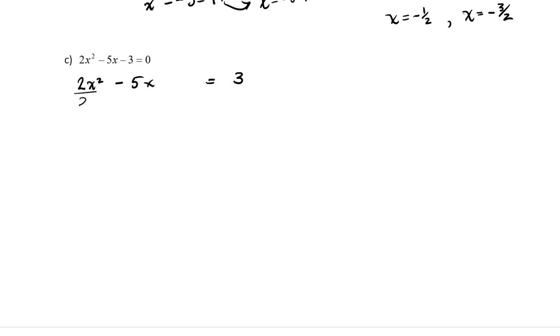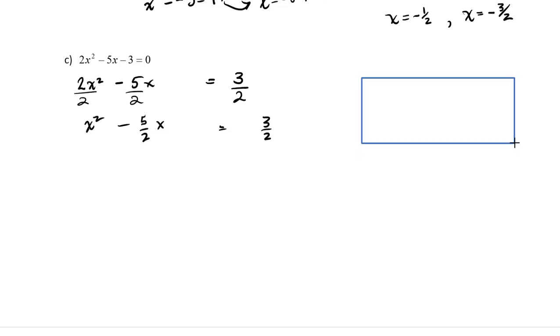Now I need to divide by the leading coefficient to make the leading coefficient 1. When I do this, I get x squared minus 5/2 x equals 3/2. Now I'm going to take 1/2 of the x coefficient, so I have -5/2, and I need to get half of that.